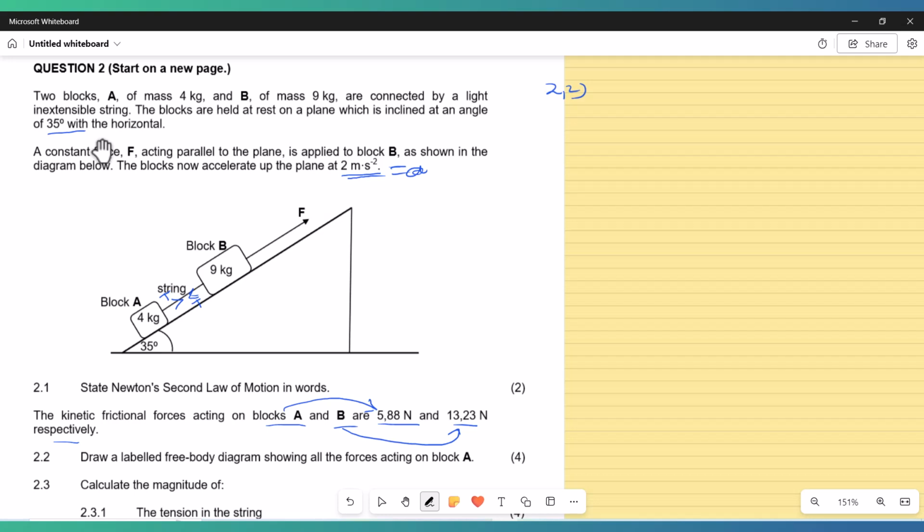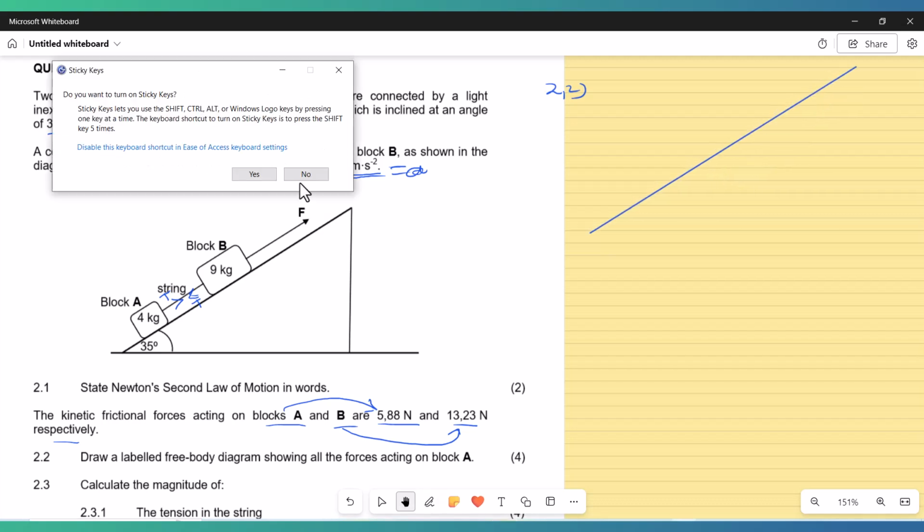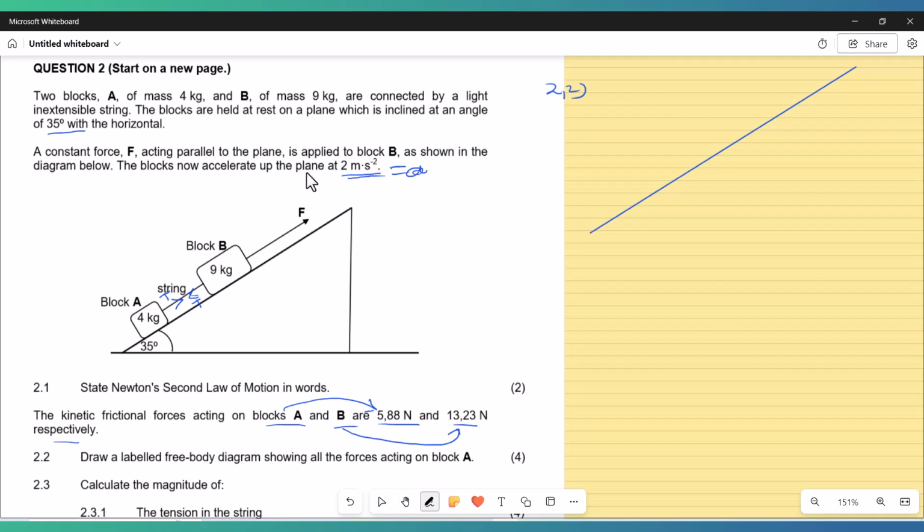I first draw my surface. Now our surface, as you can see, is at an angle. Then you put the free body. A free body is a big dot like this.